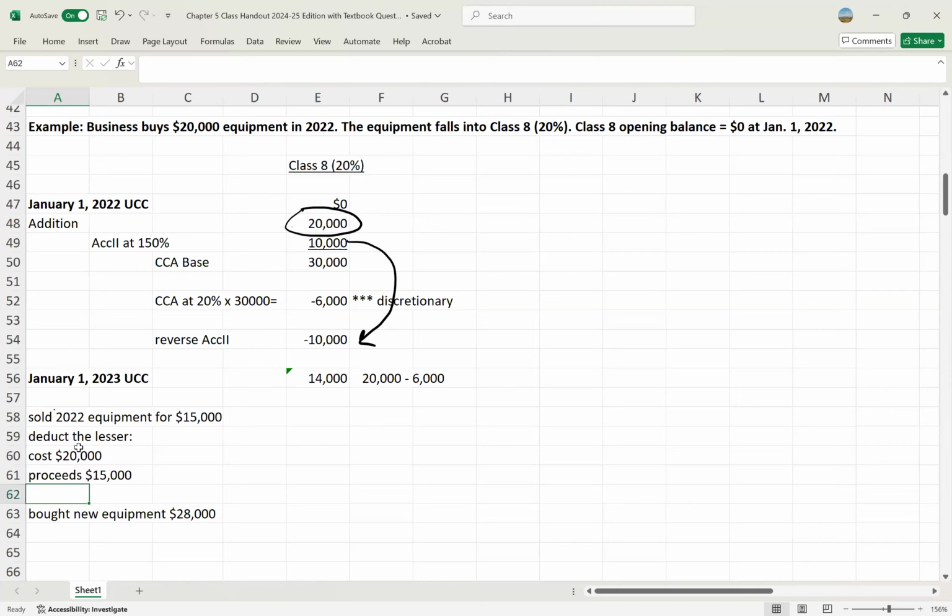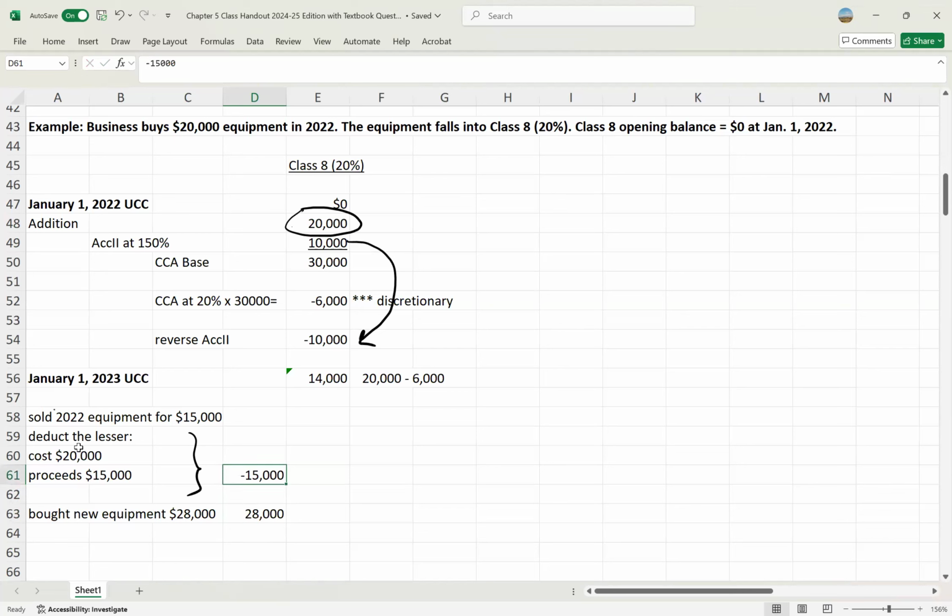Now, I'm going to go through some more detailed examples later on, explaining why we deduct the lesser of cost or proceeds. But just bear with me for now. The lesser of the two amounts is going to be 15,000. So we have to deduct 15,000. And then the new equipment that we bought cost 28,000.